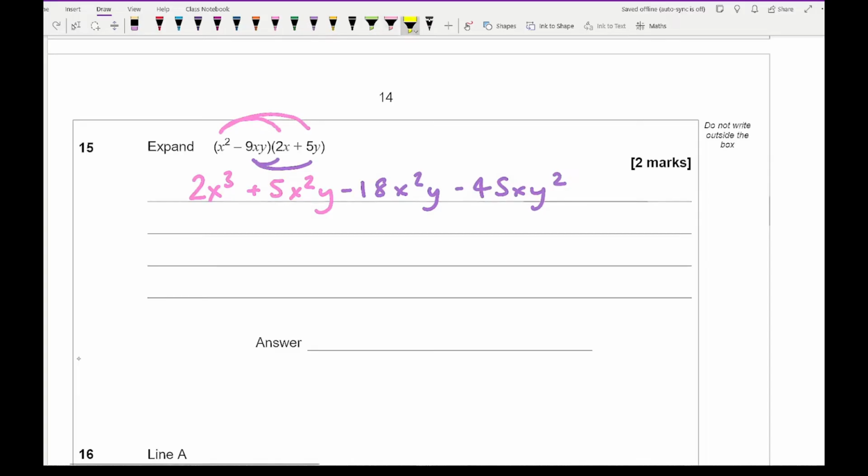And the only 2 terms we can simplify are the middle 2. So our final answer is going to look like 2x cubed minus 13x squared y minus 45xy squared.